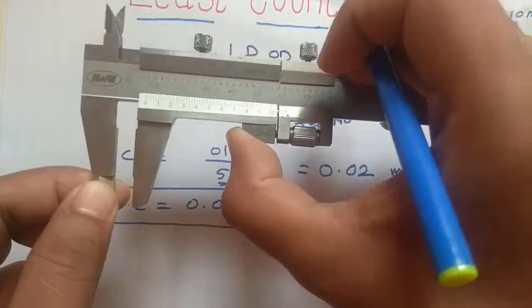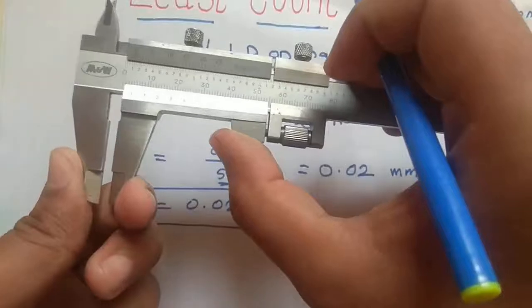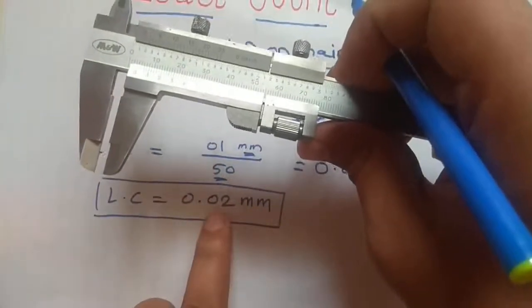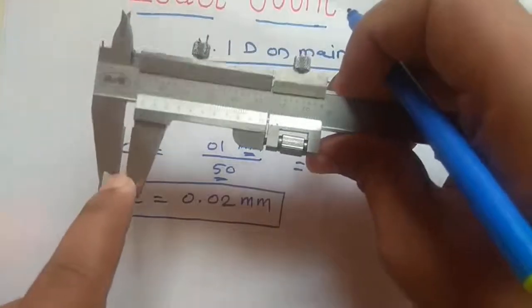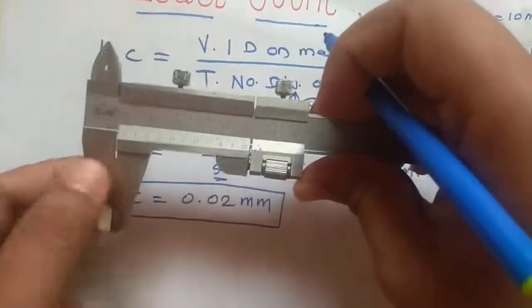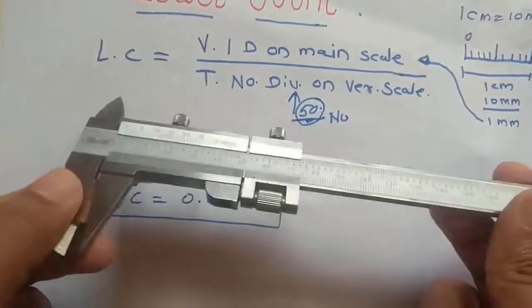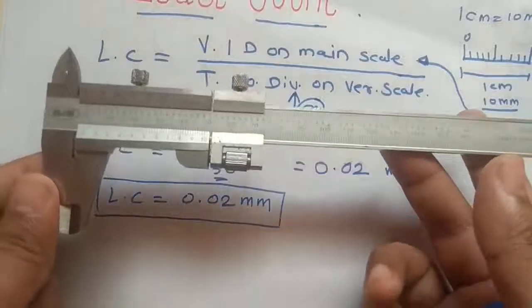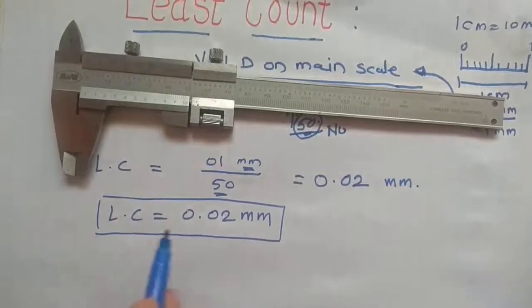When we calculate the measurements, we have to use this quantity while calculating total dimensions in between these two jaws. We will discuss actual measurements in detail in our linear measurement lecture. In this lecture you only have to remember what is meant by least count and how we can find the least count of the vernier caliper.